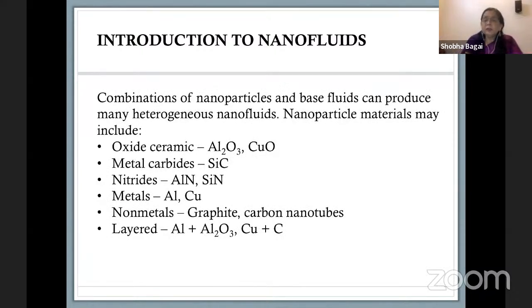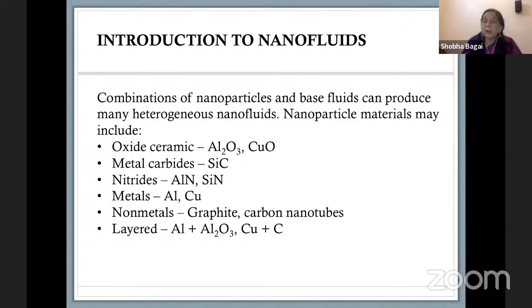So, different kinds of nanoparticles and base fluids could produce many kinds of heterogeneous nanofluids. If you look at the literature, the common nanoparticle materials are oxide ceramics, which are your aluminum oxide and copper oxide, metal carbides, which is your silicon carbide, then nitrides, which are formed with your aluminum and silicon, and plain metals, which are your aluminum and copper.